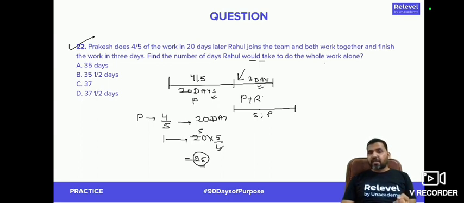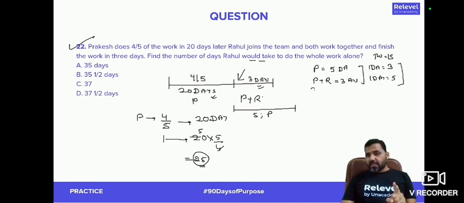What does it mean? If Prakesh can do an amount of work in 5 days, Prakesh and Rahul together can do it in 3 days. If I assume the total work is 15, in one day Prakesh will be doing 3 units and in one day Prakesh and Rahul both are doing 5 units.